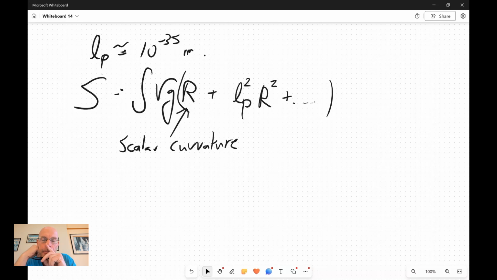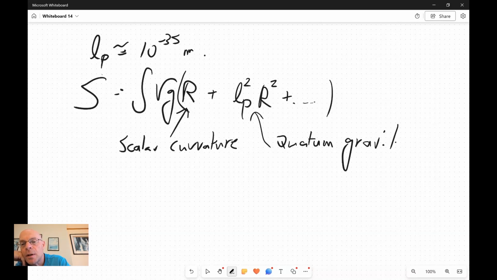Namely, when the curvature is huge, we cannot neglect what we call quantum gravity corrections, or in string theory often called alpha prime corrections, but let me use this notation. I will always use L Planck as the Planck scale.